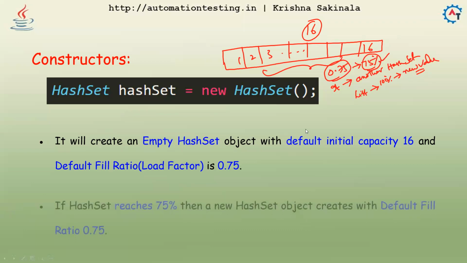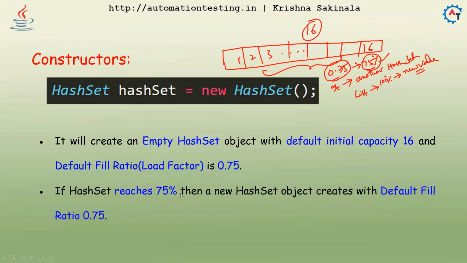So if the HashSet reaches 75%, a new HashSet object is created with the default fill ratio. Again, it will create another HashSet, and there also the default fill ratio is 75%.